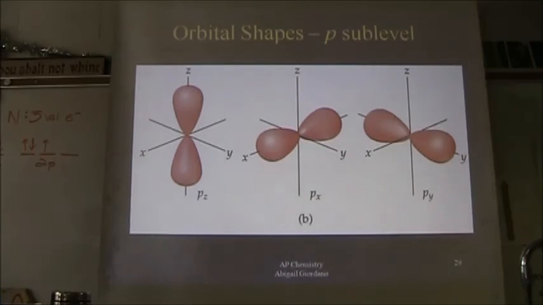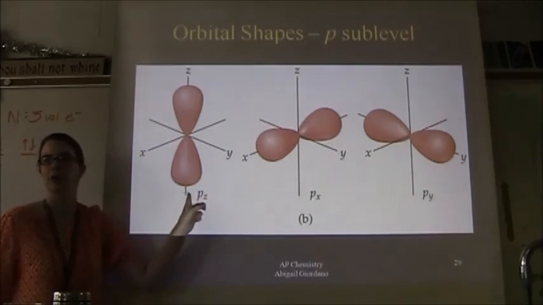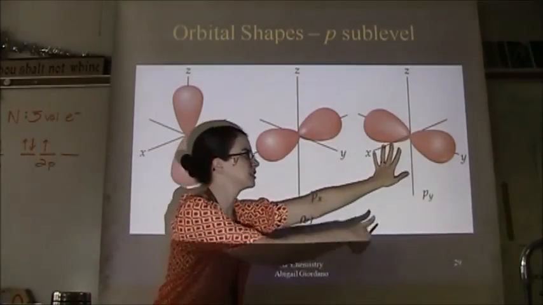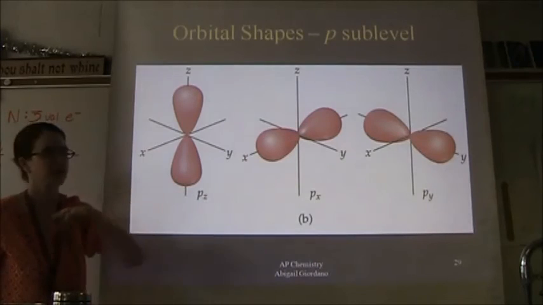Orbitals. All S sublevels have just 1 orbital. P sublevels have 3. How many electrons can fit in 1 orbital? 2. So 2, 4, 6 total electrons.